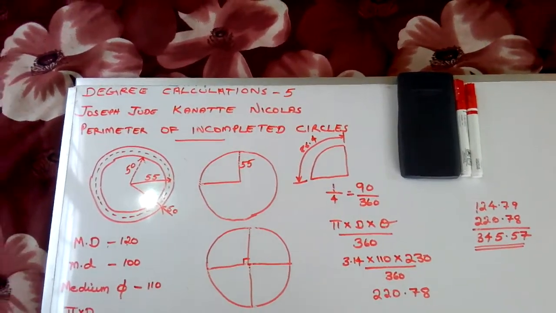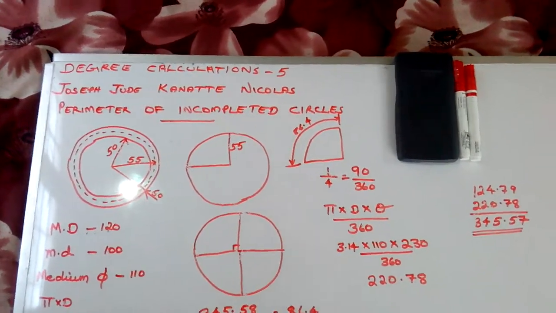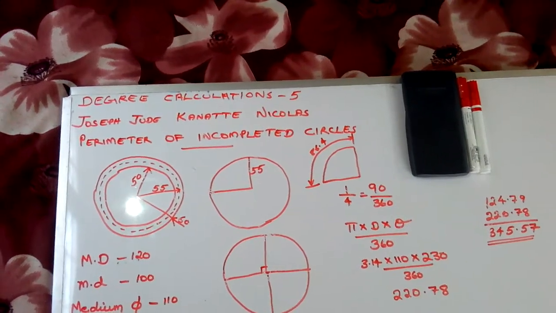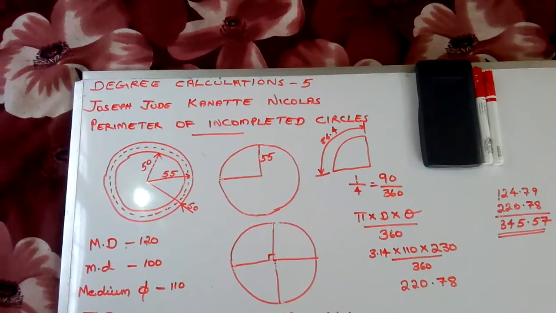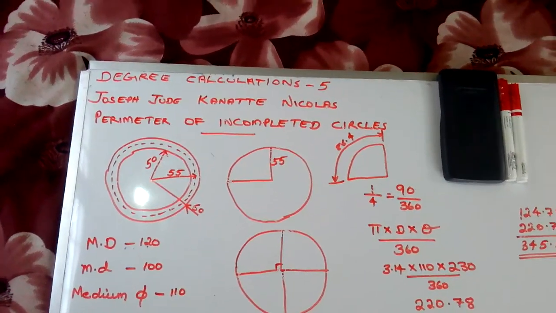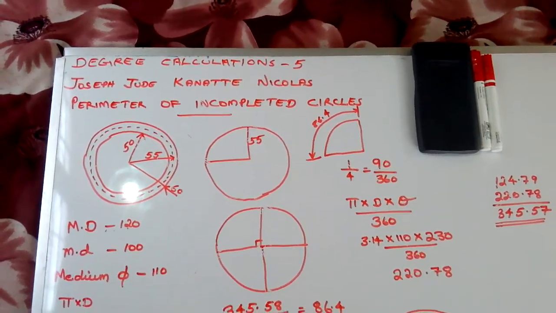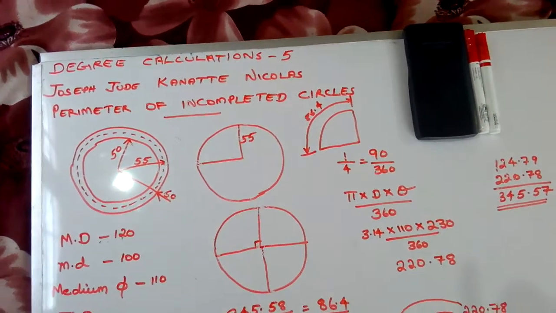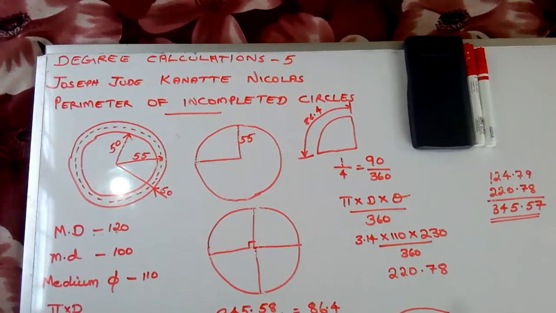Last time, in the fourth episode of Degree Calculations, we were talking about one cylinder, how it has to be made. It may have outer diameter, inner diameter, but when we calculate the perimeter with the formula pi d, which diameter has to be used for p is equal to pi d?